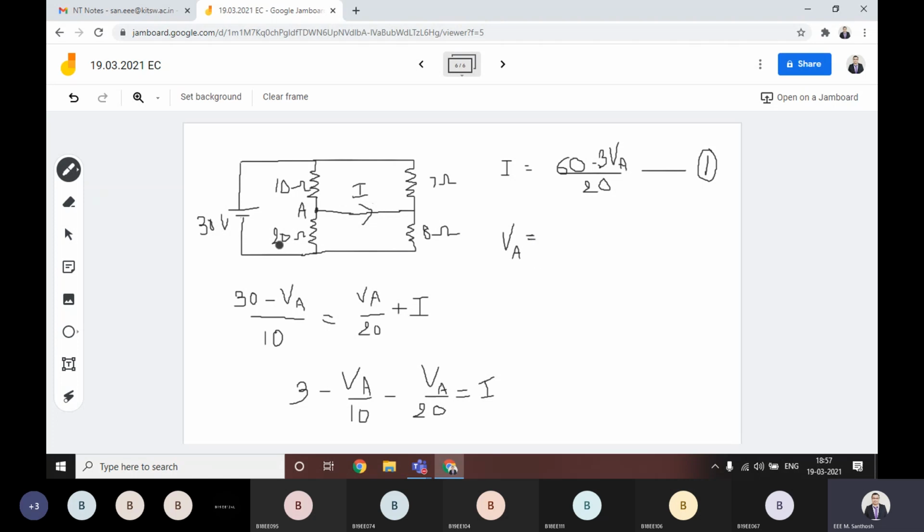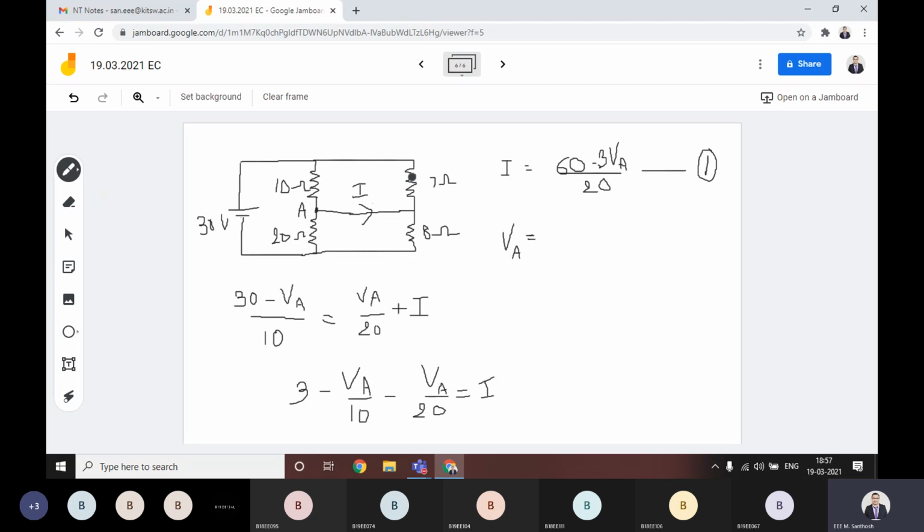How to find it is simple now. You see, this 20 and 8, are they parallel or series? Can anyone tell us? 20 and 8 both are parallel only. I hope you're understanding.